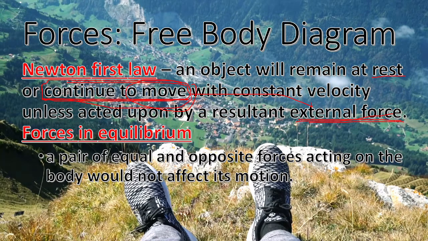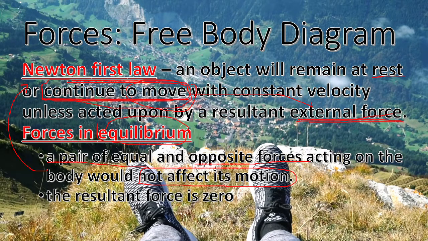Forces in equilibrium. From the word itself, equilibrium meaning equal. So a pair of equal and opposite forces acting on the body would not affect its motion. Meaning the push and pull on a particular object is at the same magnitude, so that thing wouldn't move, which applies our Newton's first law.